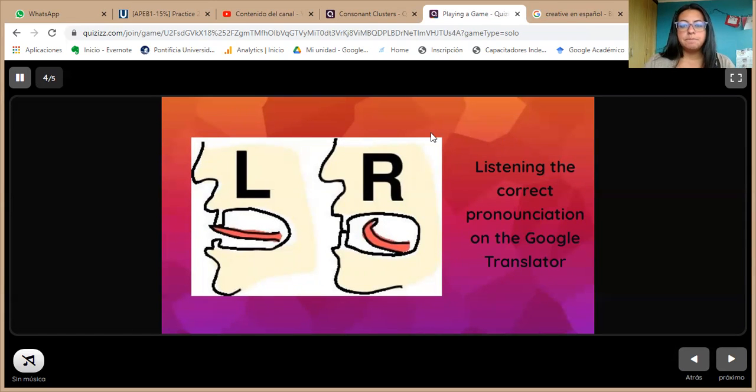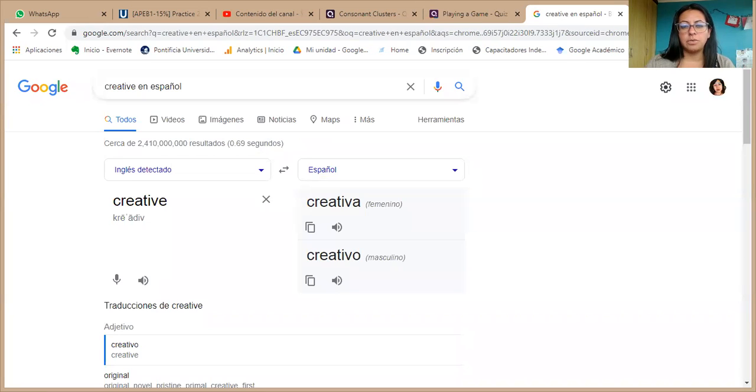And then I couldn't really include the voice notes here in Quizizz because I don't have the subscription, but I also use the Google Translator to have a reference on how you pronounce certain words. And I think it is good for the students to learn to use this also when they have difficulties. So for example, we have here the word creative.